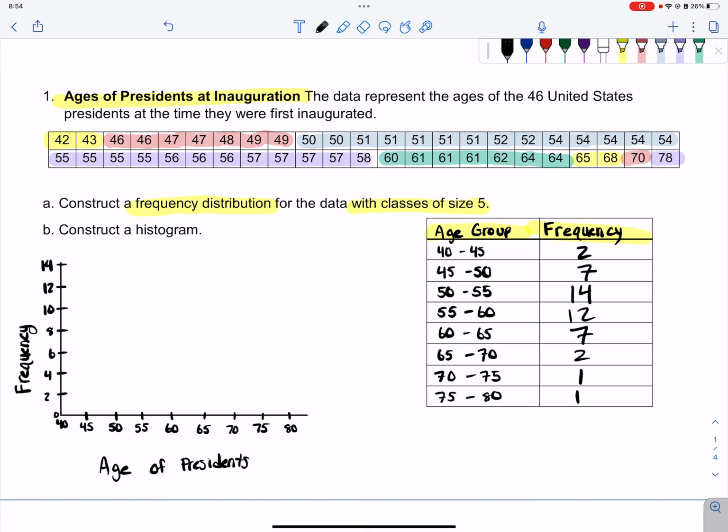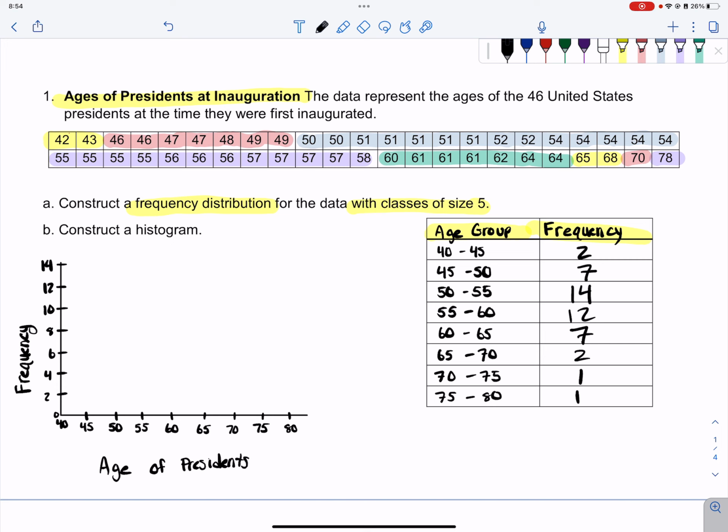And then along the y-axis, we have our frequency, and here I decided to go up by 2s so I didn't have to draw in as many dashes on the y-axis, because I needed to get up to 14 to be able to have a proper height, because that's my highest value for the frequency.